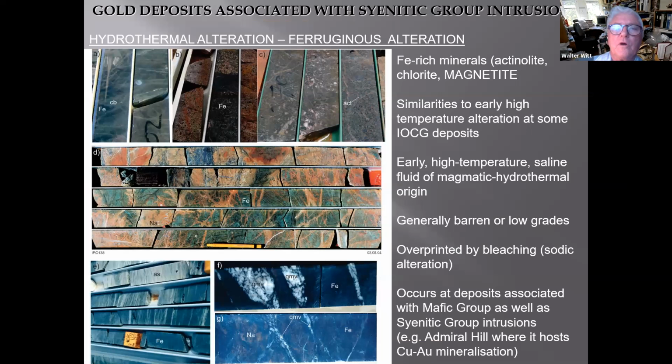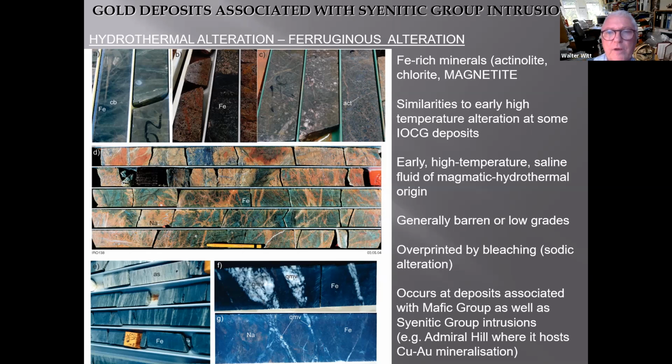Moving on now to hydrothermal alteration, there's an extended hydrothermal alteration sequence associated with these deposits and intrusions. The earliest alteration is ferruginous alteration, which comprises iron-rich minerals like actinolite, chlorite, and magnetite.